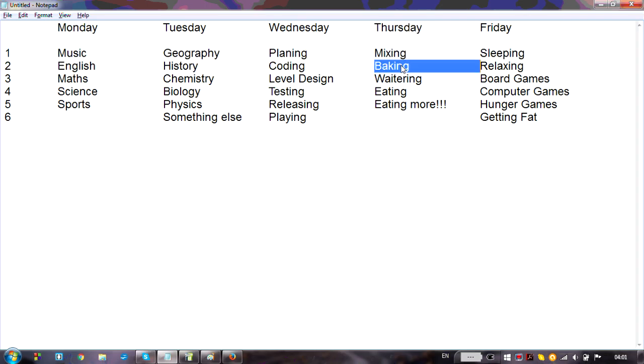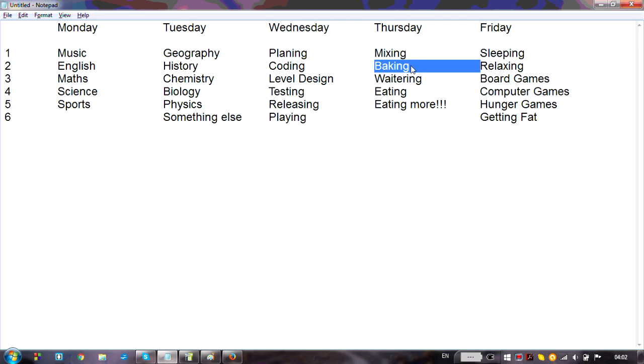So this baking written here means that on Thursday you have a class of baking, and it's not going to be the first class for the day. Before baking, you have to learn something about mixing food. So this is the previous class for the day.